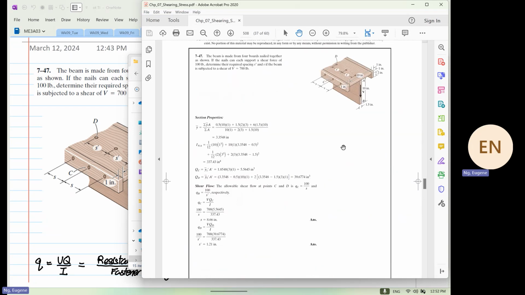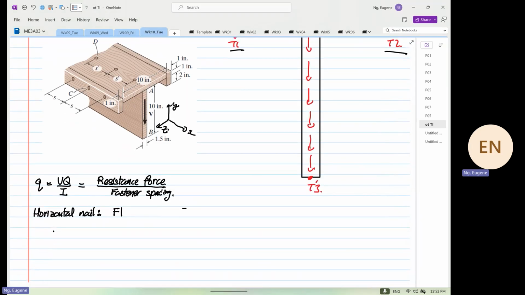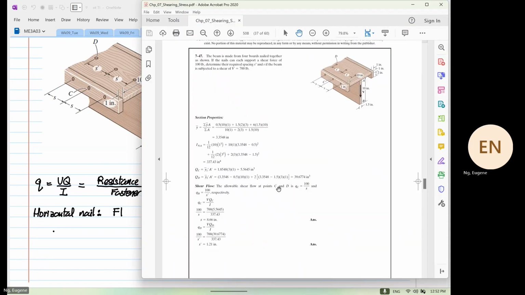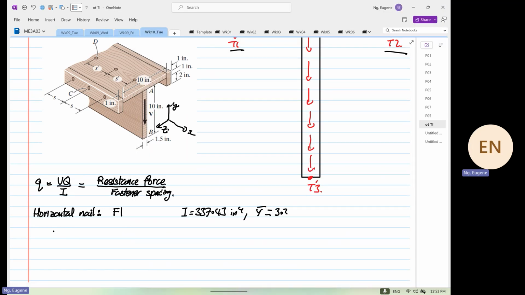Okay. So the I is equal to 337.43 inches to the power of 4. And the Y bar is 3.3548 inches.